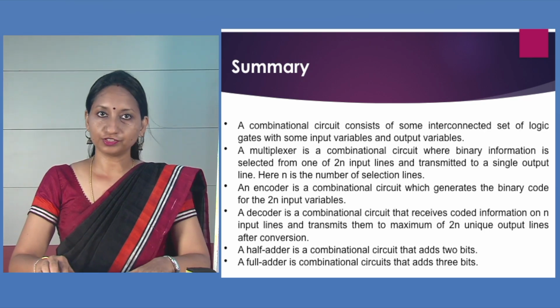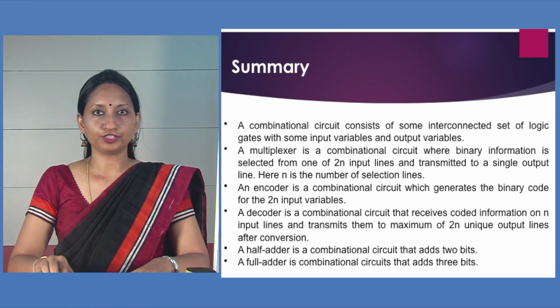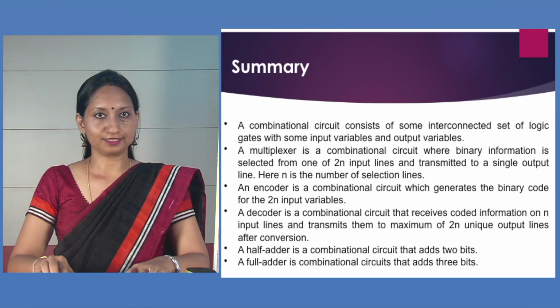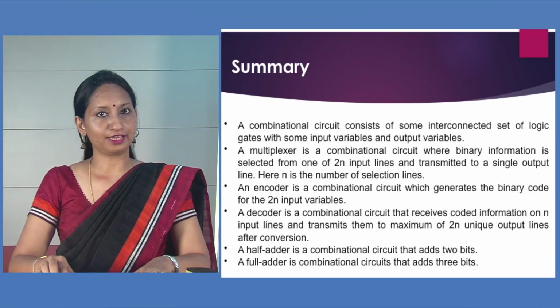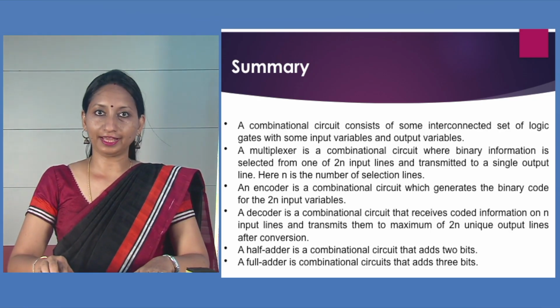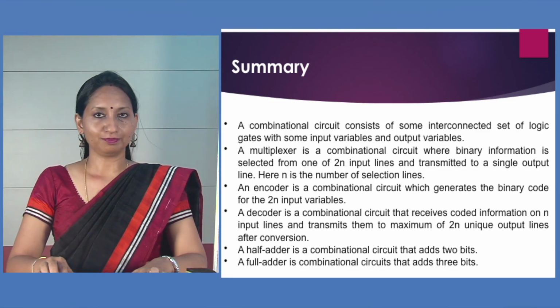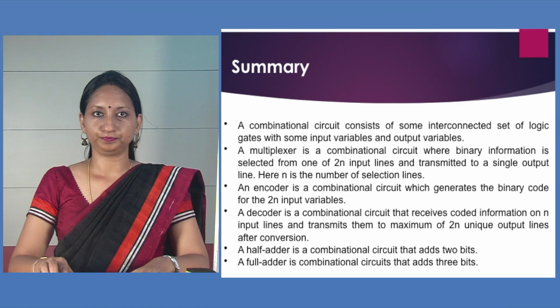A multiplexer is a combinational circuit where the binary information is selected from one of the 2 to the power n input lines, and it is transmitted to a single output line. So if n is the number of selection lines, then 2 to the power n combinations will be there. So multiplexer is also called many to one.